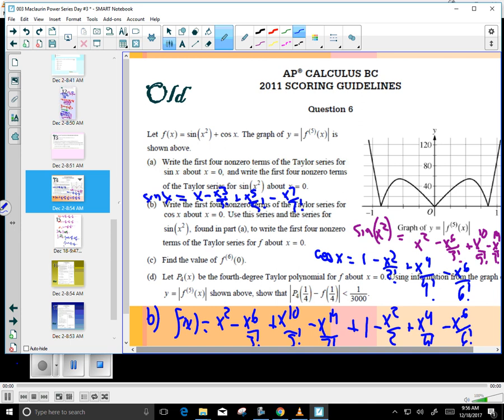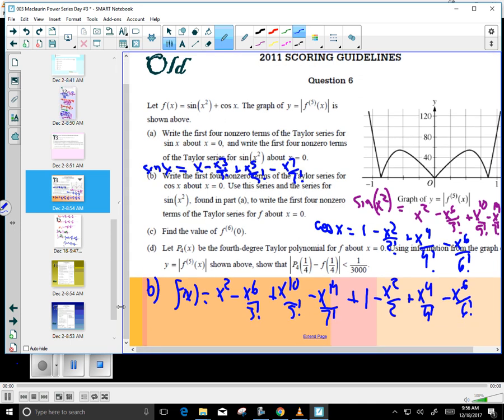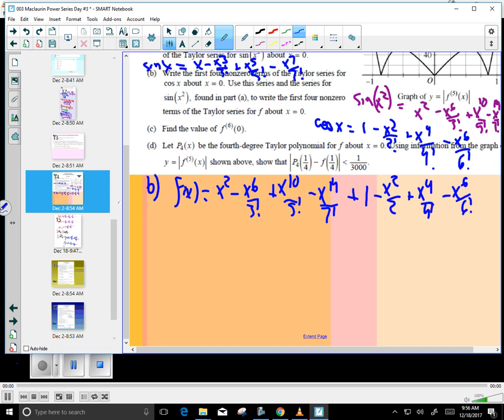And you just combine those. Oh, let's do it. So f of x is going to have 1. Then you're going to have x squared minus x squared over 2, which will be plus x squared over 2.